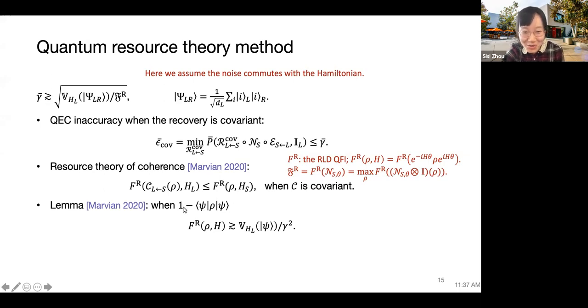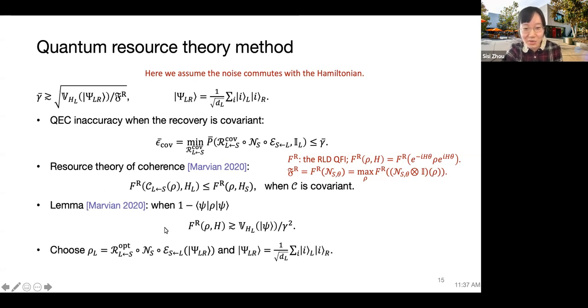Now here it is 1 minus this whole thing is smaller than gamma. I think the smaller than gamma is missed here. But basically, when gamma is extremely small, this whole thing is going to be extremely large, and the numerator here is going to be the variance of psi on the logical Hamiltonian.